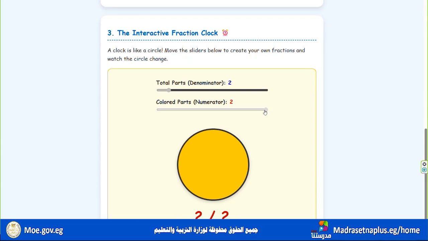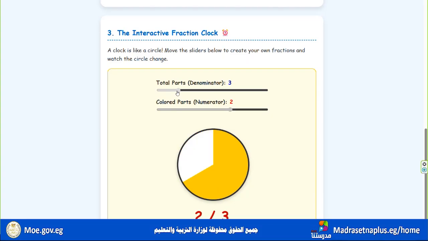Let's divide it into 2 equal parts, so each part is 1/2. Our denominator is 2, our numerator is 1. We got before, 1 whole equals 2 halves, or 2/2.